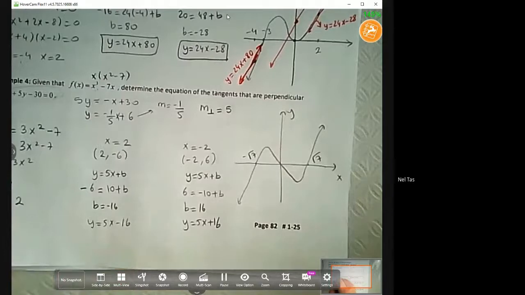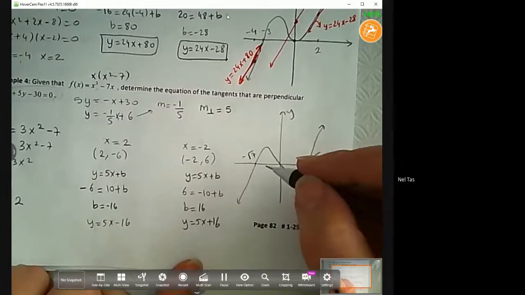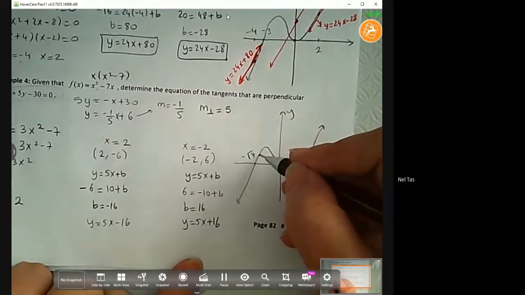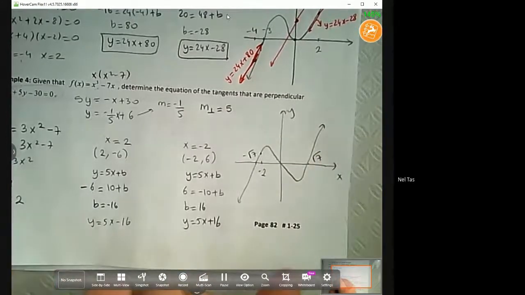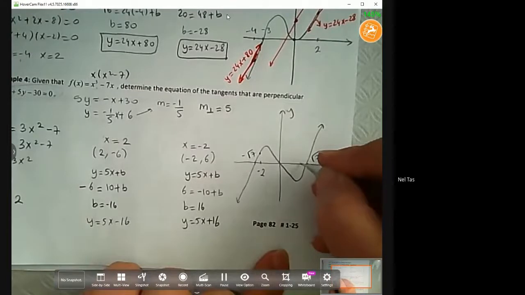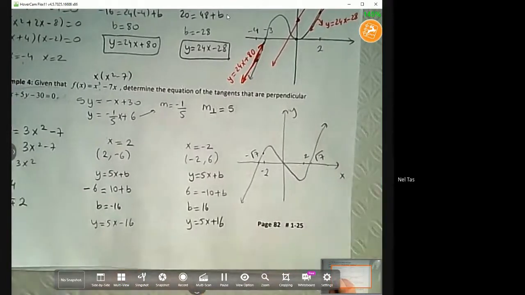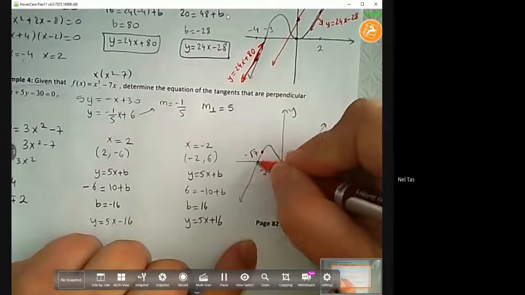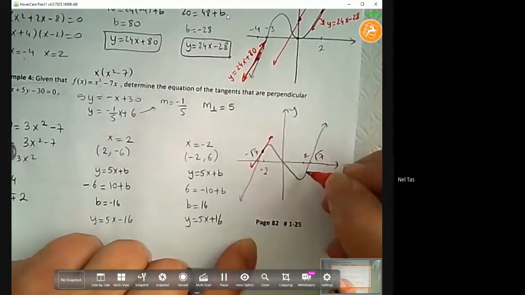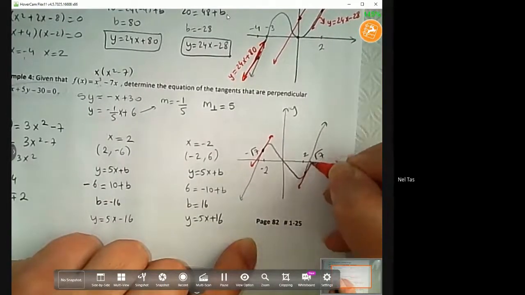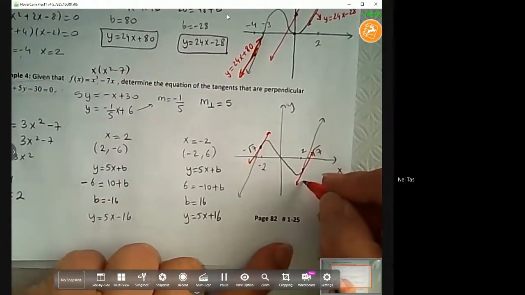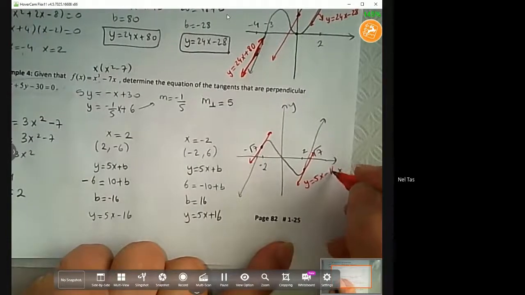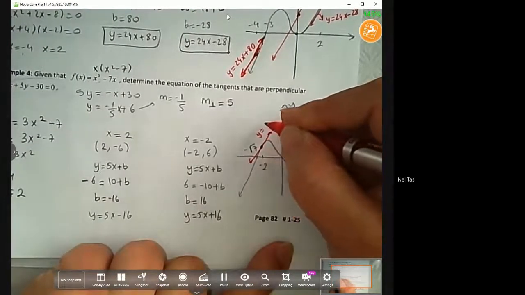Okay, and we got that at x equals negative 2, and x equals 2. Okay, so we have 2 lines. So we got this line being y equals 5x minus 16, and this one y equals 5x plus 16.